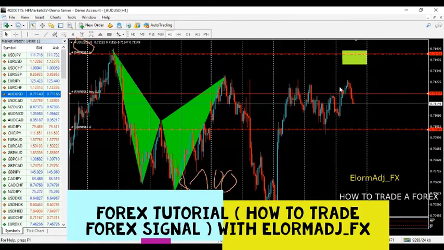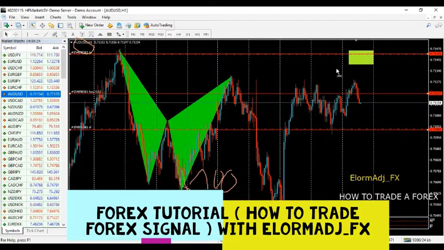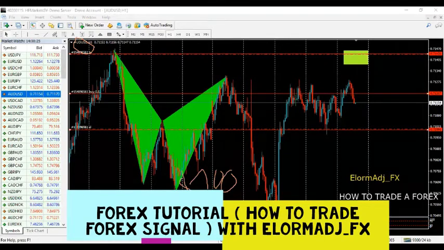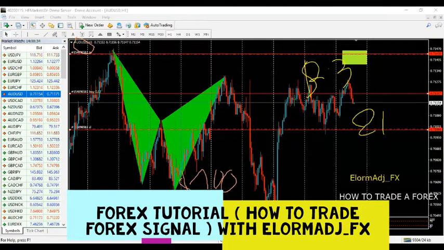So if I'm using 0.01 for AUD/USD, it means that if it hits your TP, you'll be gaining $2.3. $2.3 for your TP, and $2.1 when you are in loss.